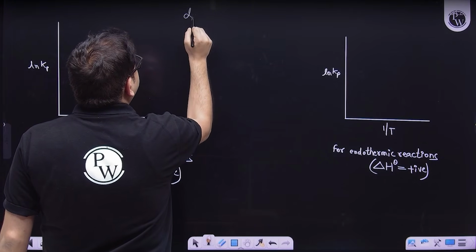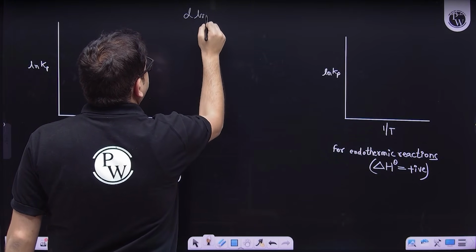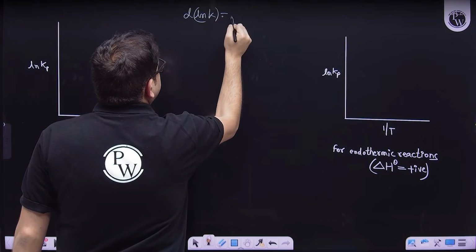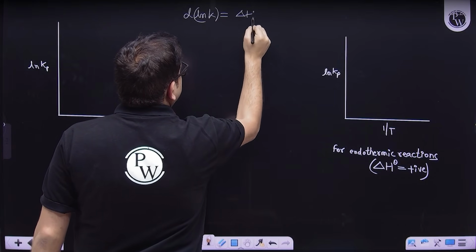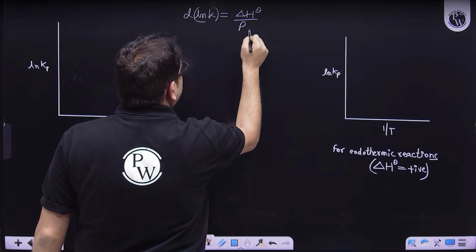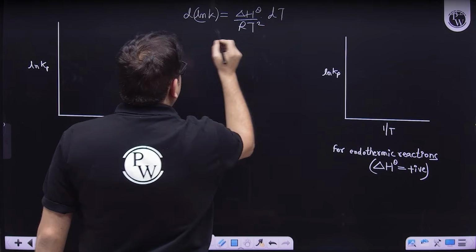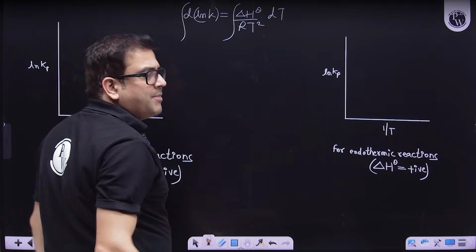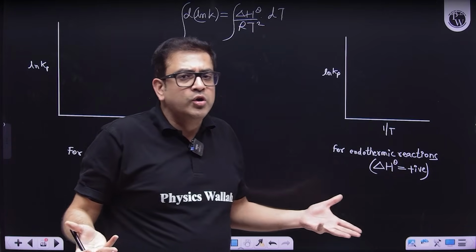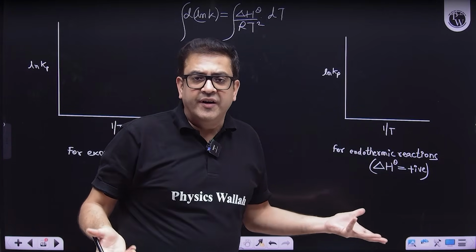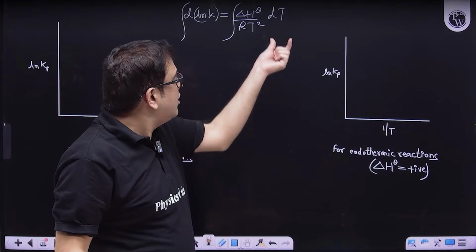D by dT of ln K is equal to delta H naught upon R T square. Sir, where has dT gone? I'm taking it over there, because I'm again integrating it, but this time I'm not using limits. So since I have not used limits, it is an indefinite integration, so a constant will come.